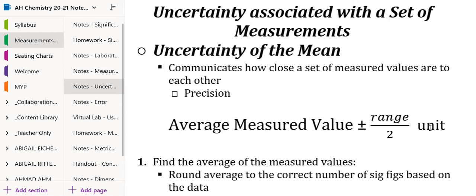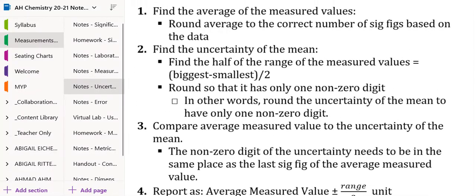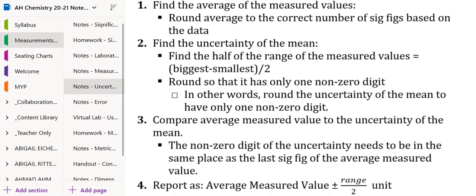So I'm going to scroll up. The next part is very, very detailed steps for finding and reporting the uncertainty of the mean. So an average value with uncertainty of the mean. It is very, very wordy. We're going to talk about it, but I'm going to give you a few minutes to write it down, and then we'll talk about it. This is very wordy.